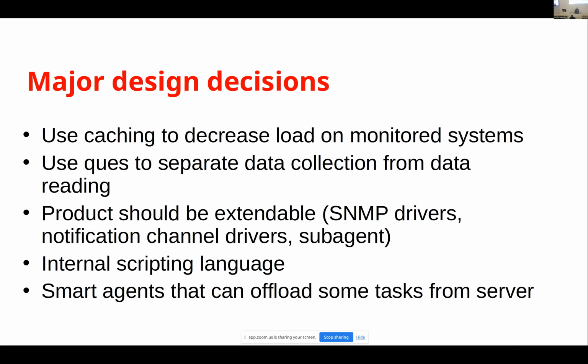Next one, use queues to separate data collection from data reading and from data writing. What is the problem? From the network, from the agent, there might come a lot of data in a small period of time, and its processing might be a bit slower than the data is coming, not all the time, but in this exact moment.